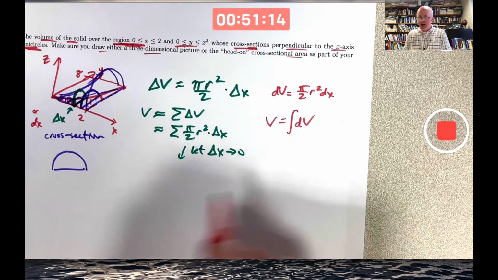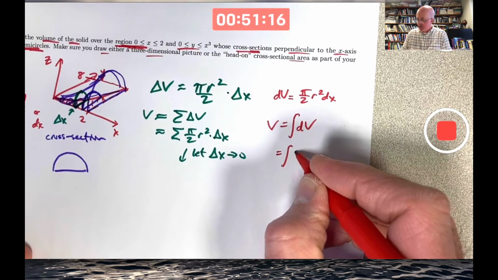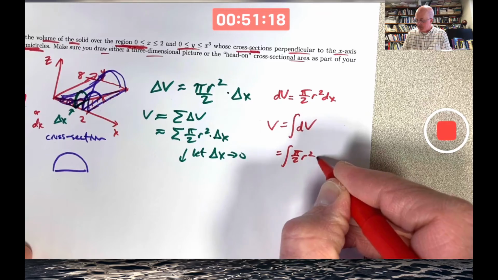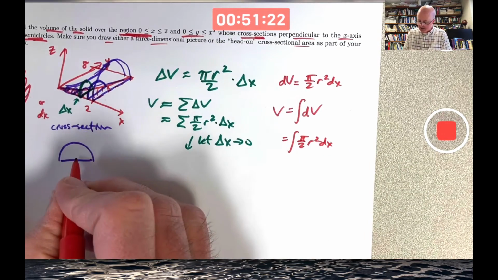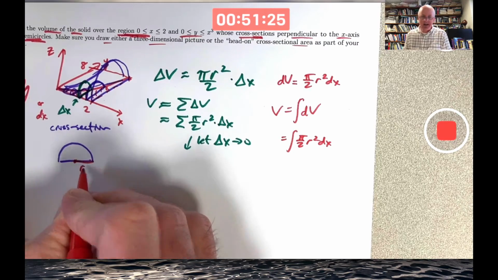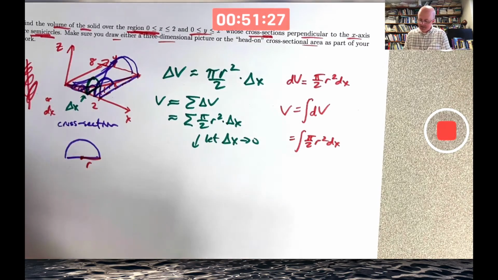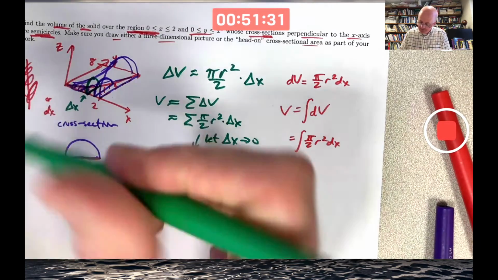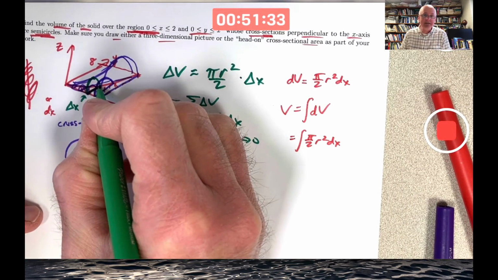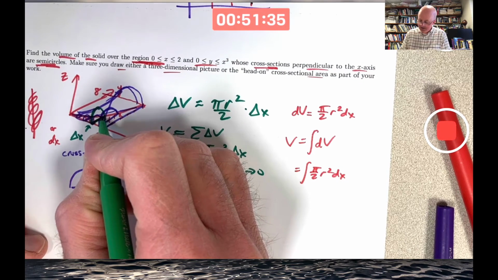Now, in doing all this, you are going to need to, again, do a definite integral in the end, and you are going to need to figure out how r, the radius of the semicircle here, depends on x. But that's easy. The diameter of the semicircle is this distance at an arbitrary value of x. It's that distance there.